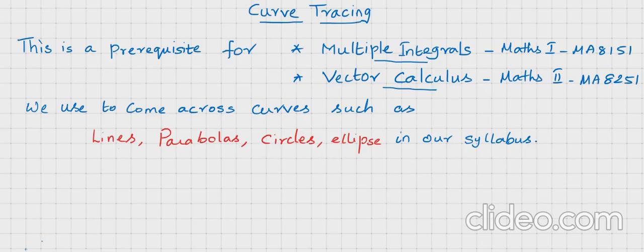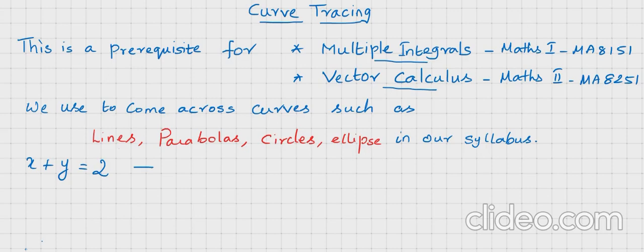The first and foremost thing we have to learn in tracing a curve is to identify what the curve is from the given equation, right? For example, if the given equation is x plus y equals 2, what does this equation represent?